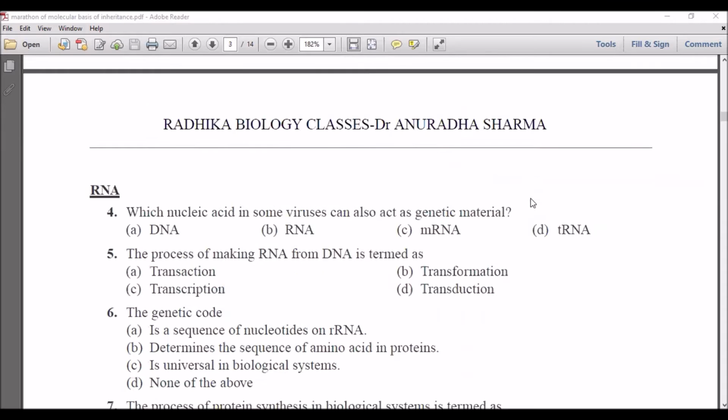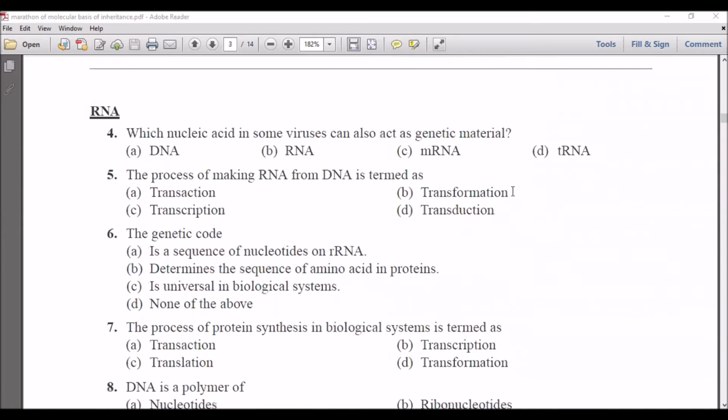Now there are some questions which are related to RNA. The fourth question is, which nucleic acid in some viruses can also act as genetic material? We know that in some viruses, RNA also acts as genetic material, and RNA is ribonucleic acid.